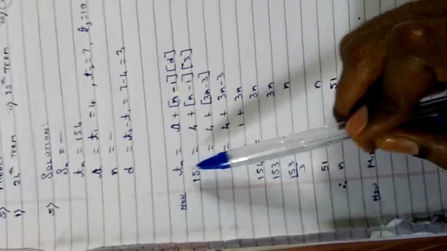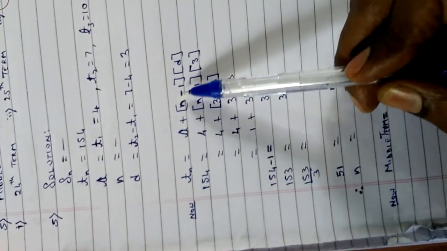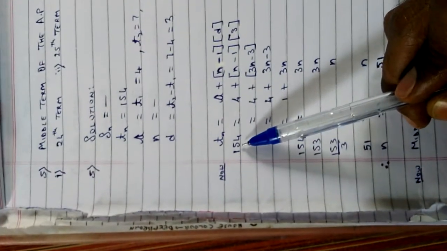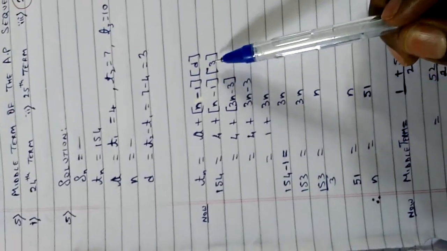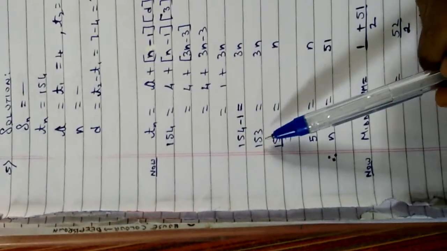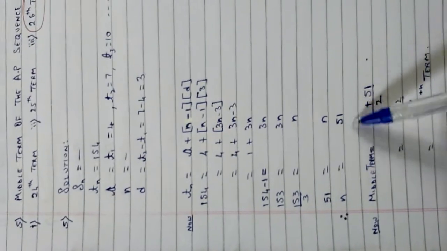We now take the nth term formula, Tn equals a plus n minus 1 into d. Because we have the nth term, we get 154 equals 4 plus n minus 1 into 3. We solve, we'll get 153 equals 3n, where 3 is then divided and n equals 51. So we have got total number of terms is 51.